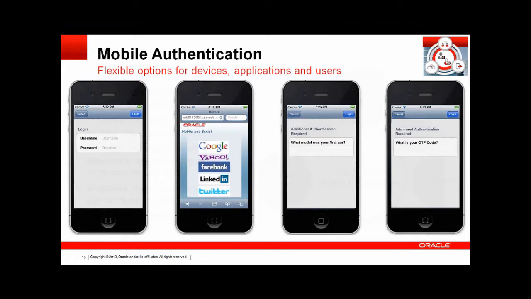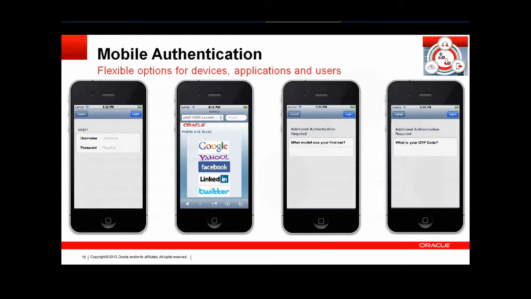The second picture is where it talks about social integration, right? So if you have secured the resource and you have said, hey, I want to use local authentication, but by the way, I also want to provide the ability to have social identities for this login experience, then however you have configured it, all of those social identity options will show up, and then the user can basically choose whichever they want to use.